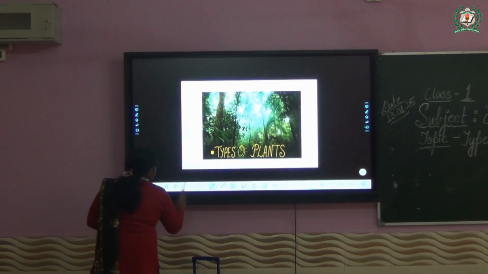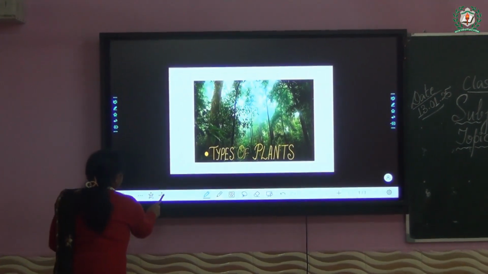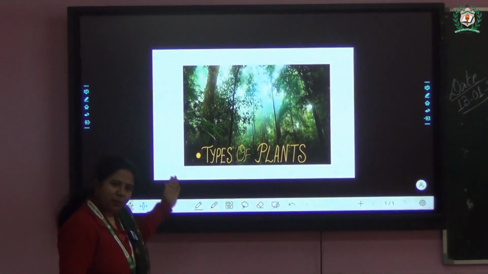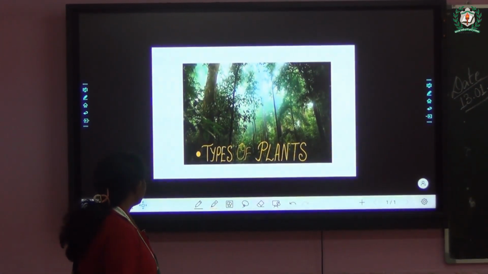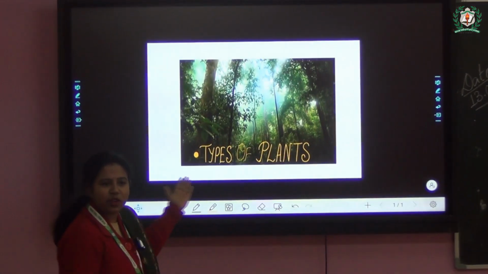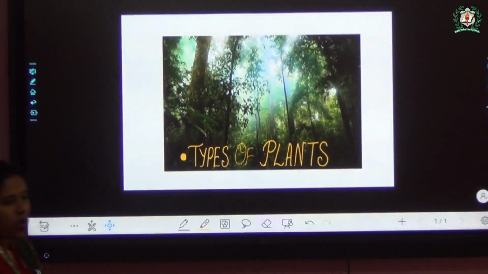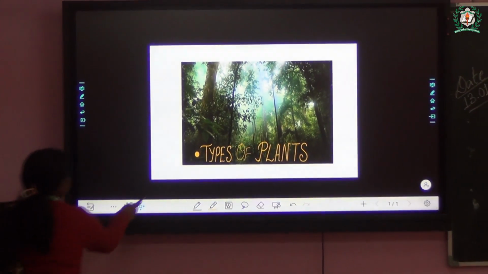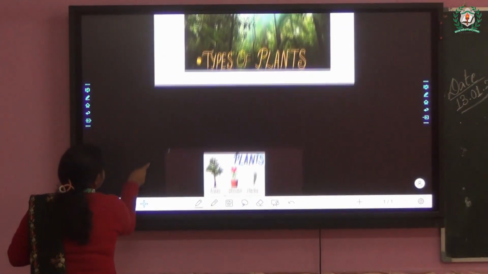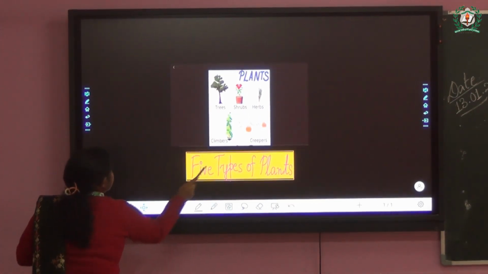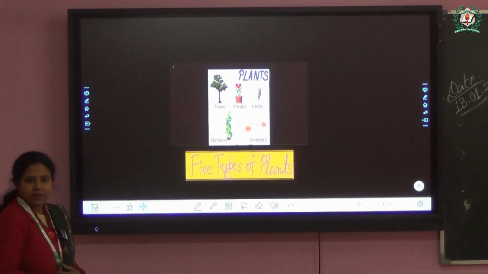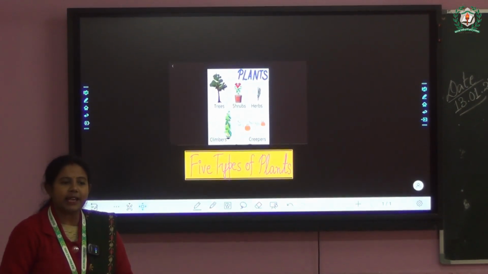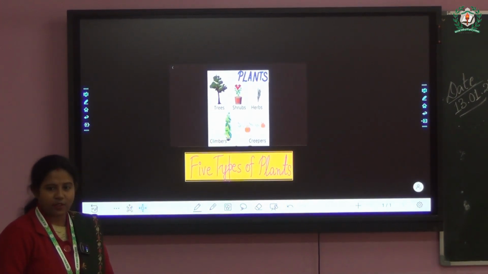Yes. So see, children. This is also a picture of a forest, and see, so many types of plants are there. How many types of plants are there? There are mostly 5 types of plants. So how many types are there? 5 types.